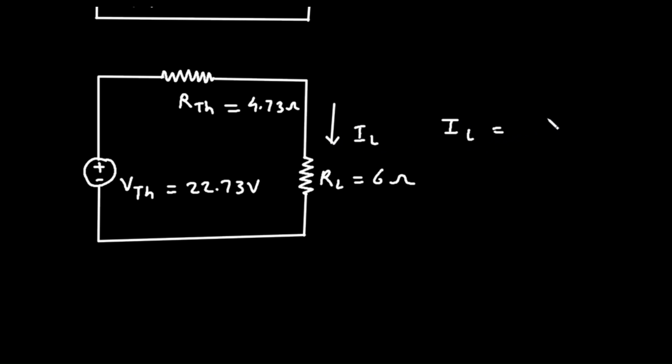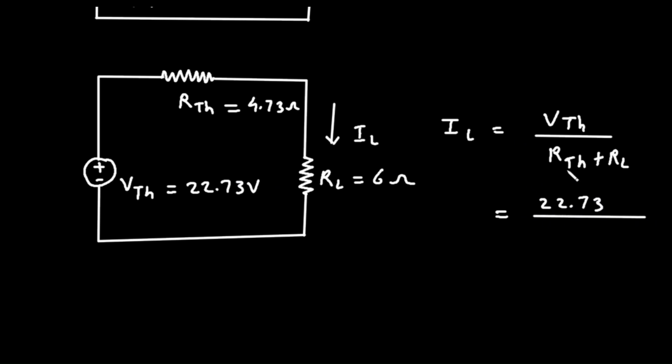So IL is equal to VTH upon RTH plus RL. This is the simple Ohm's law: current is equal to voltage divided by resistance. So VTH value is 22.73 divided by RTH value 4.73 plus RL value 6 ohm.